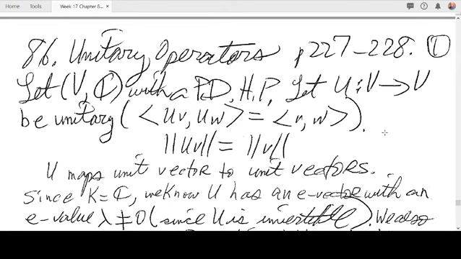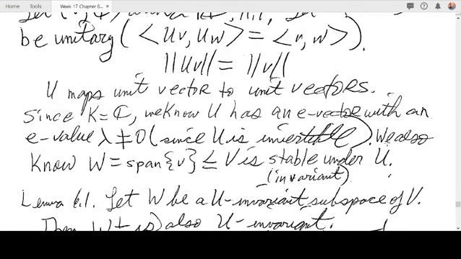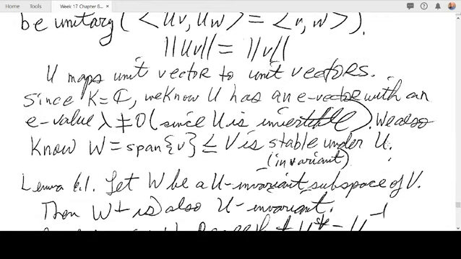Now, since scalar field K is equal to the complex numbers, we know already that U has an eigenvector with a non-zero eigenvalue. Why do we know that? Because U is invertible. All unitary matrices are invertible, okay?